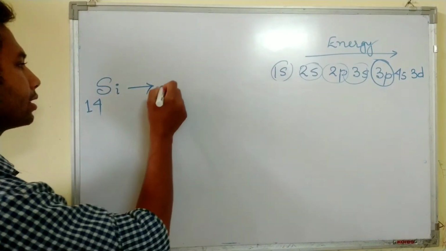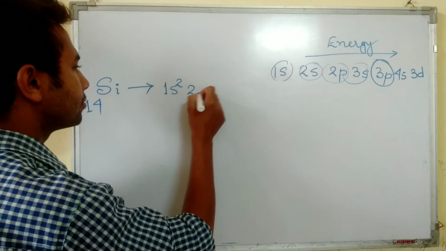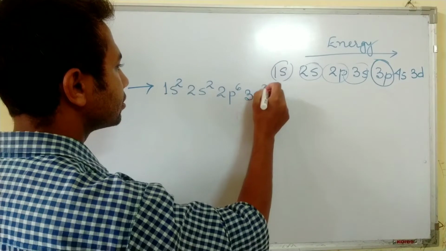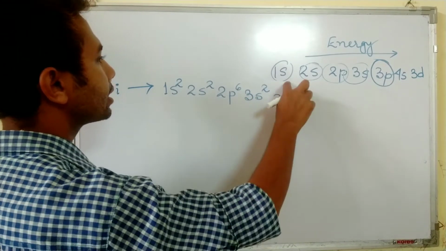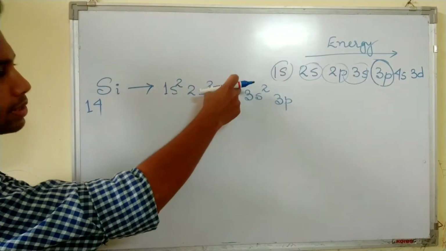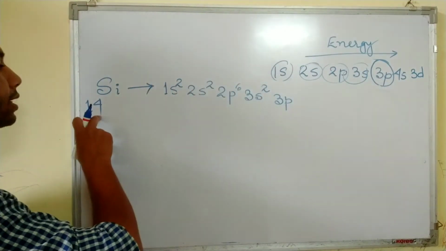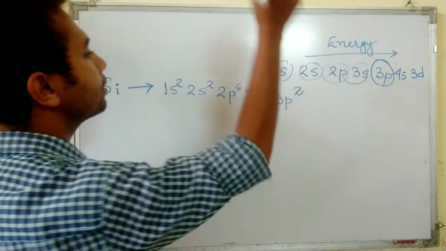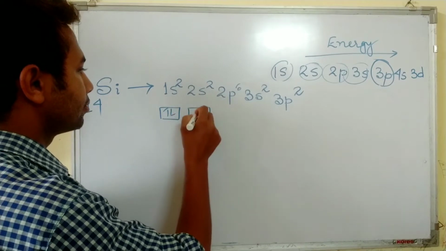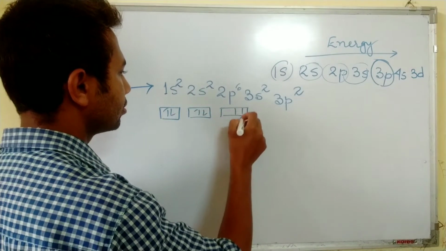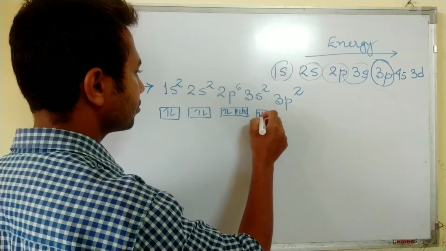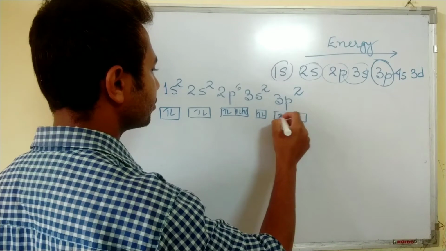The electron configuration: 1s2, 2s2, 2p6, 3s2, then 3p. 2 plus 2, 4 plus 6, 10 plus 2, 12, then the remaining 2 electrons will go to the 3p orbital. Here 1s2, 2s2, 2p6, 3s2, then 3p2.